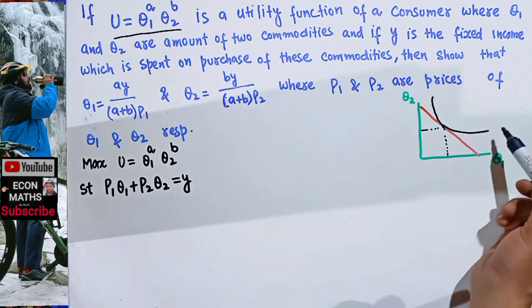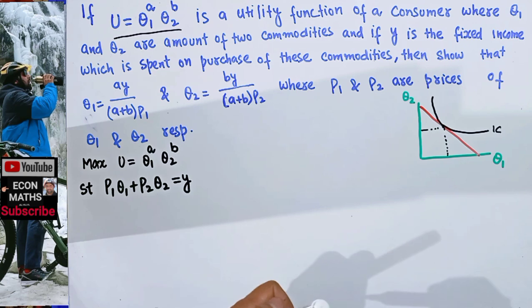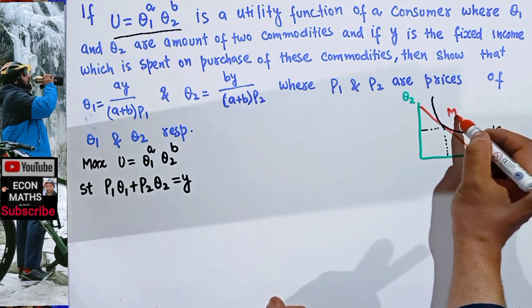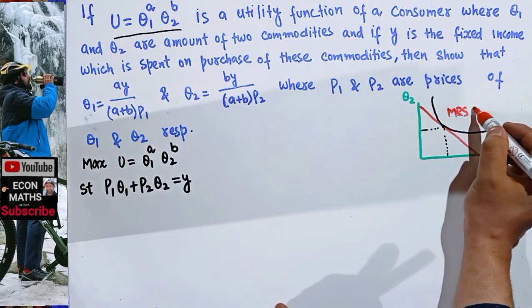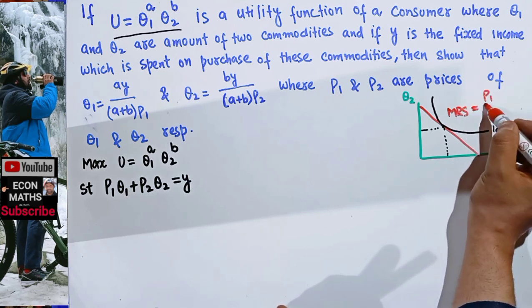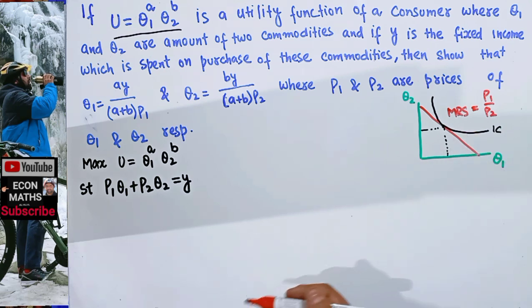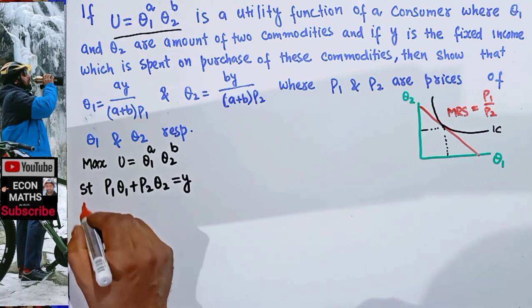Okay, so when IC and budget line are tangent to each other, at that point, our marginal rate of substitution MRS between Q1 and Q2 should be equal to the ratio of the prices. This condition must hold here. Okay, that will give us the optimal bundle of Q1 and Q2. So let's write it here.